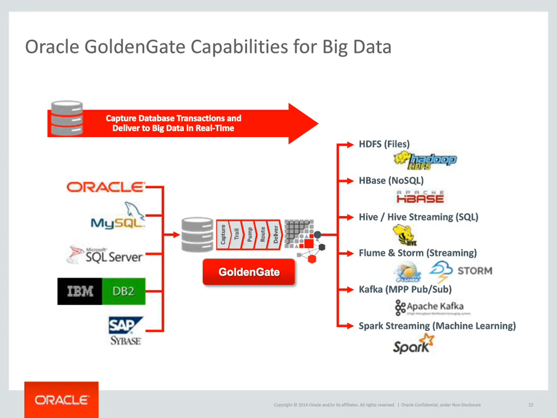And so in some cases we're writing transactions to file in HDFS. We can deliver directly to the HBase APIs. We can deliver directly to Hive formatted data structures into Hive, and increasingly we see customers looking to leverage streaming technologies like Flume and Storm, as well as pub/sub infrastructure like Kafka, in order to take advantage of this data while it's in motion.